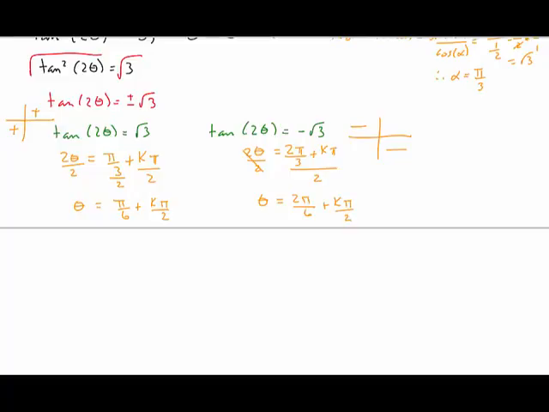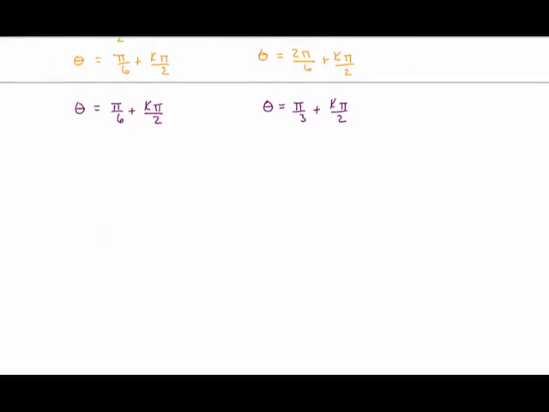Now I can reduce the one on the right, so let's go ahead and rewrite both of these. And over here we'll have theta equal, now 2 pi over 6 reduces to pi over 3 plus k pi over 2. Now we wanted our answers between 0 and pi, so I need to keep working this a little bit.